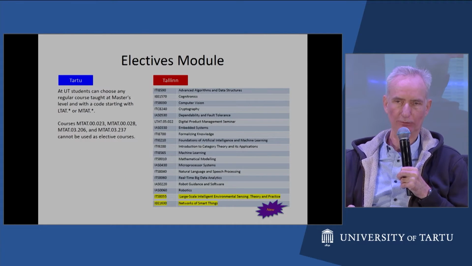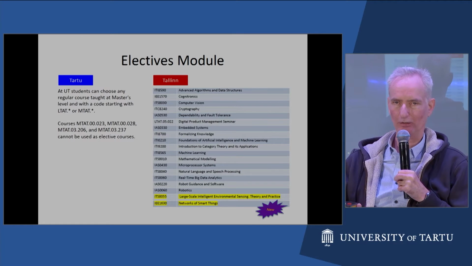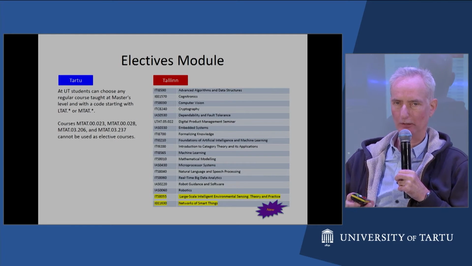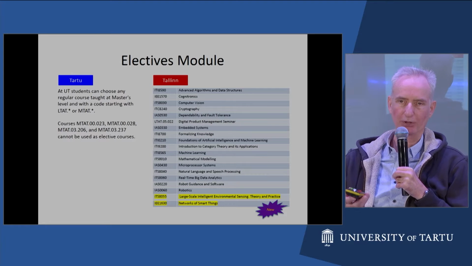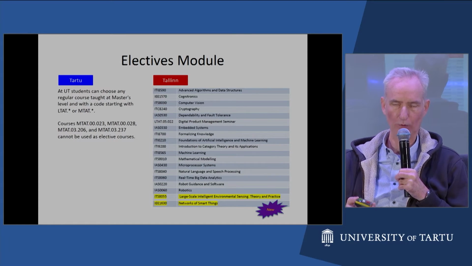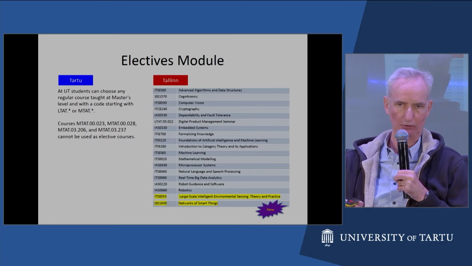So the electives module is also different depending on whether you study at Taltech or at Tartu, so whether you take one or the other specialization. At Taltech, you have a predefined list of courses from which you have to pick. So only those courses shown on the slide on the right-hand side would be eligible as elective course in the embedded specialization.